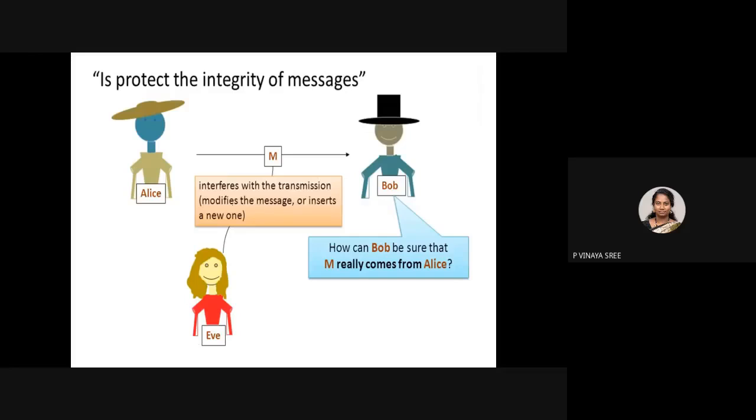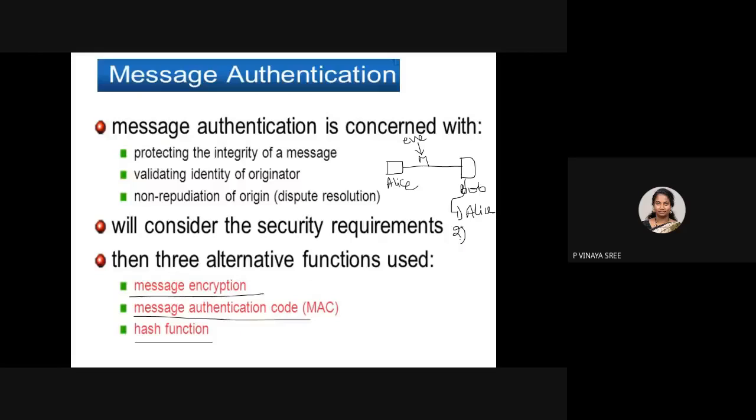So how can Bob be sure that the message really comes from Alice? I said that it has to provide two things: the message received is from an authorized user, Alice, and message integrity, meaning that the message Alice has sent, the same message must be received by Bob.